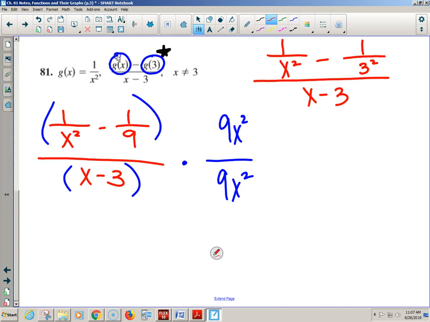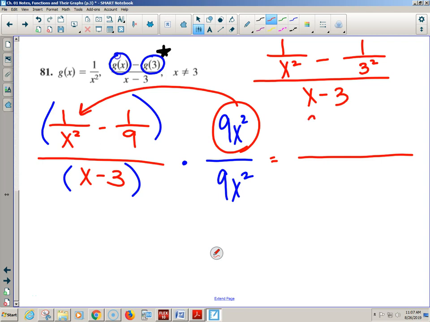Isn't the name of the game distribute, guys? Because fractions multiply across. So what happens when you distribute 9x squared over x squared? It becomes, in just a second, which some of you, when you get good at it, will go straight to 9. What happens when you distribute 9x squared to one ninth?